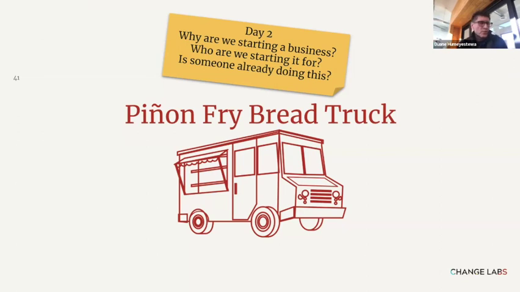And so some of the larger questions we want to ask as we're going into this are: why are we even starting this business in the first place? Who are we starting it for? And is someone already doing a similar or comparable concept? And we know that in the world of quick access to food, a fry bread truck like this is always an idea that will work really well, probably anywhere on the reservation, especially if it's mobile.